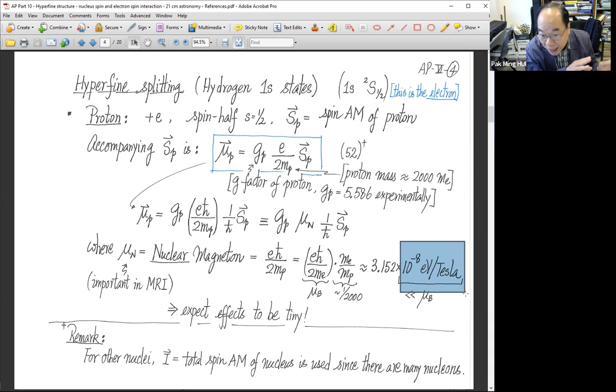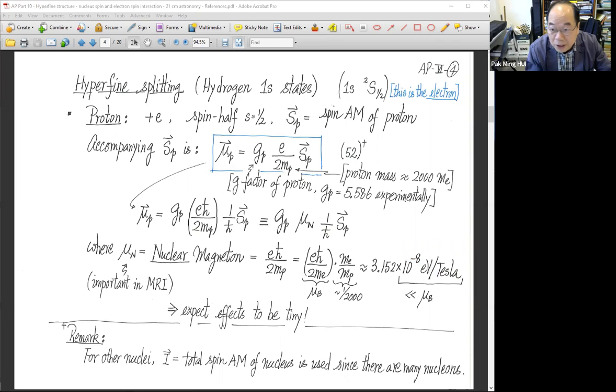It's finer than fine. Okay. Nonetheless, it turns out to be a very important effect that scientists can look at in investigating the universe. Okay. So I think at this point, I would like to take a short break, and then we will continue on this part before we move on to bigger atoms.